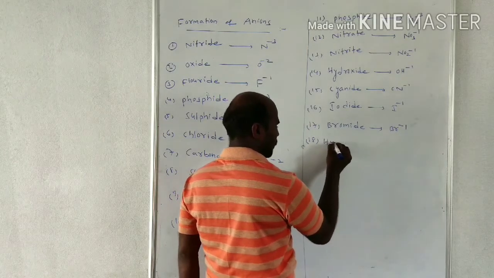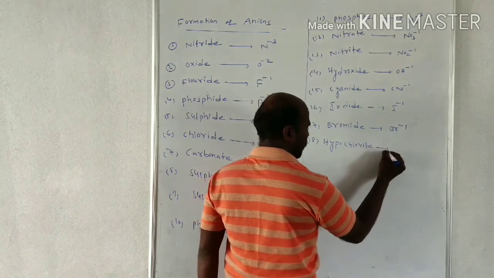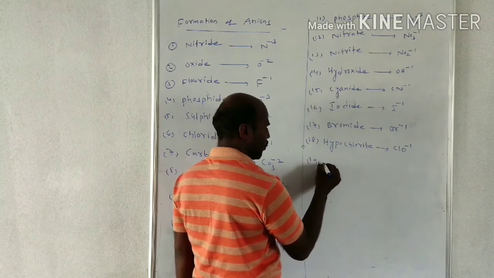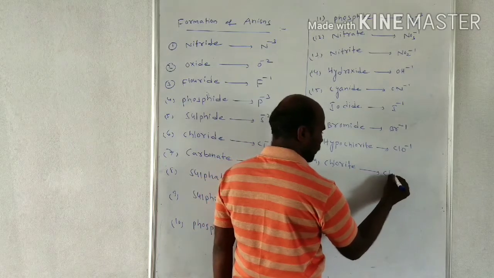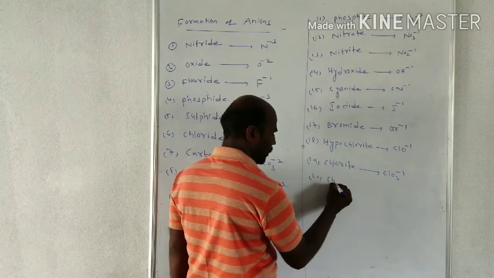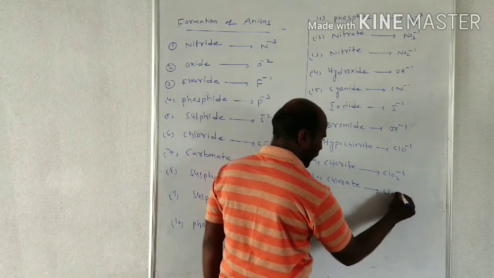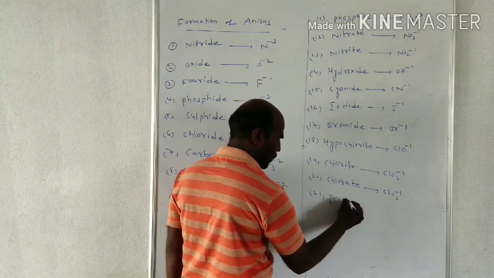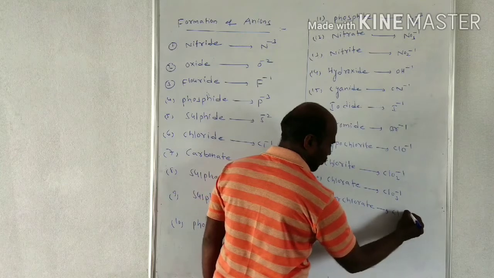Hypochlorite, ClO minus 1. Chlorite, ClO2 minus 1. Chlorate, ClO3 minus 1. Perchlorate, ClO4 minus 1.